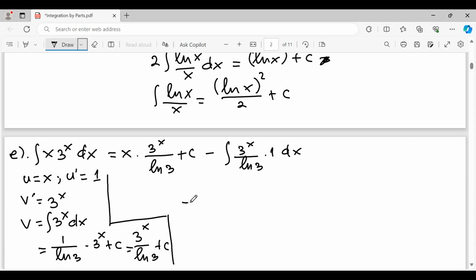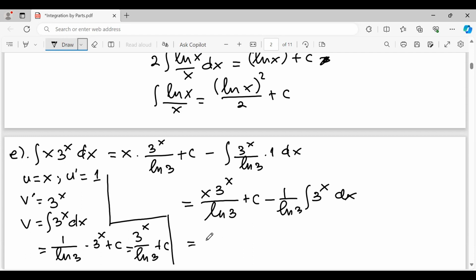So equals x times 3 power x over ln 3 plus c minus 1 over ln 3 integral 3 power x dx.